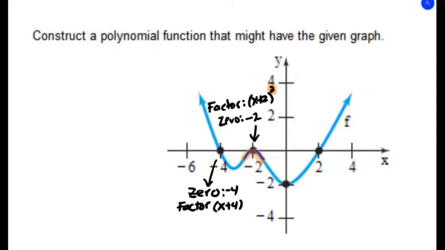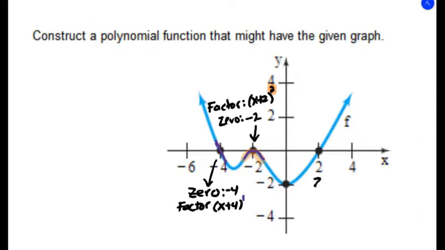This x-intercept that we did a moment ago crosses the x-axis, so it will have an odd multiplicity, and that's why I said it has one factor. It could be any odd power, but we're just choosing the lowest to keep our polynomial simple. We have one more 0 here.